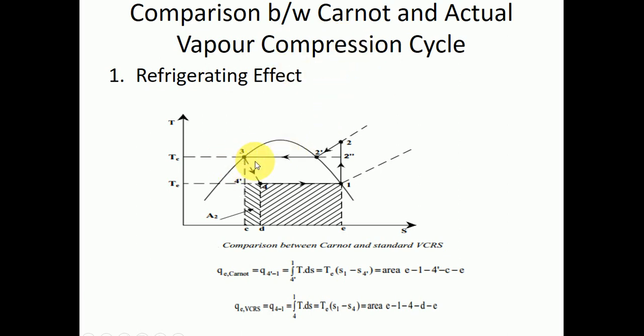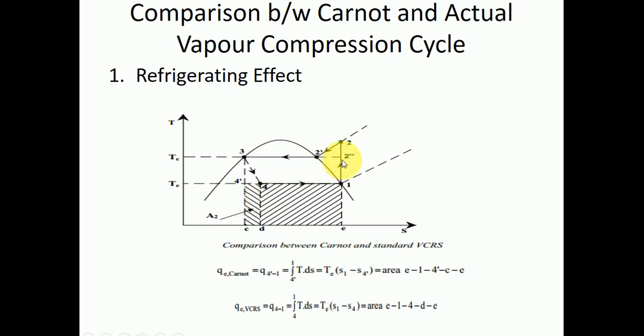You can remember here that 1, 2 double dash, 2 dash, 3 and 4 dash, and from 4 dash to 1 is the Carnot cycle, while 1 to 2 and 2 to 2 dash is the actual compression cycle, and 3 to 4 I already explained.